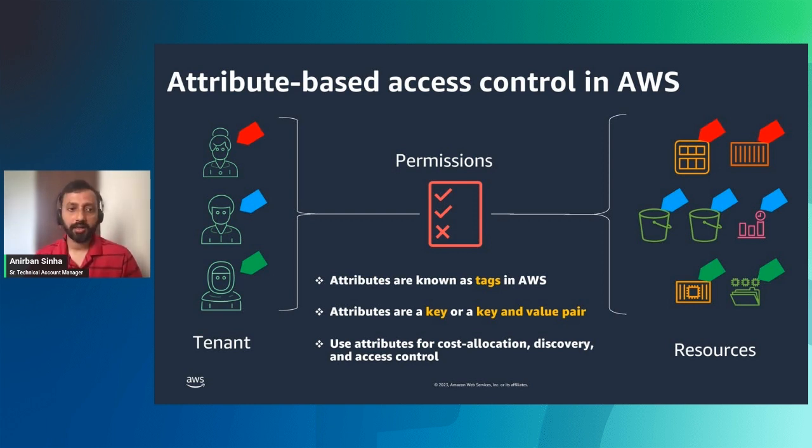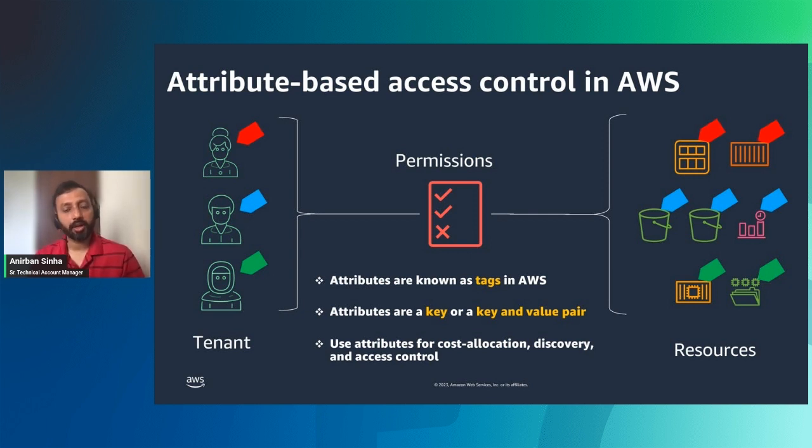On the right, you have resources, and resources can also be set with different tags or attributes. In the middle, you have a very simple rule that is based on matching. So you can write a very powerful, simple, generic rule that allows you to match custom tags.